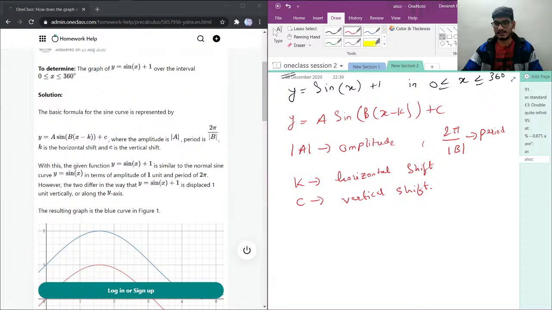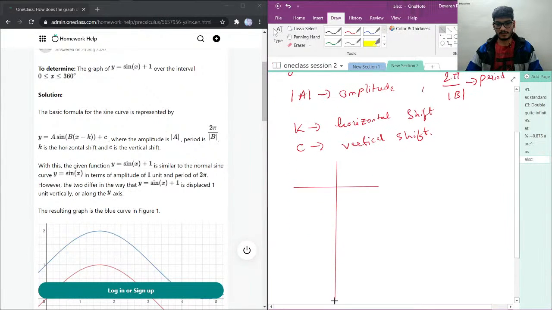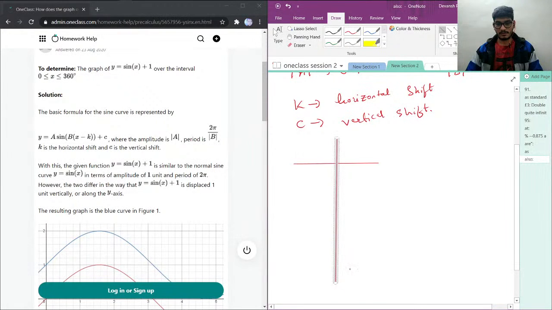Before writing the question, I knew how the graph would look, but I'll just draw a table, one line, on this.